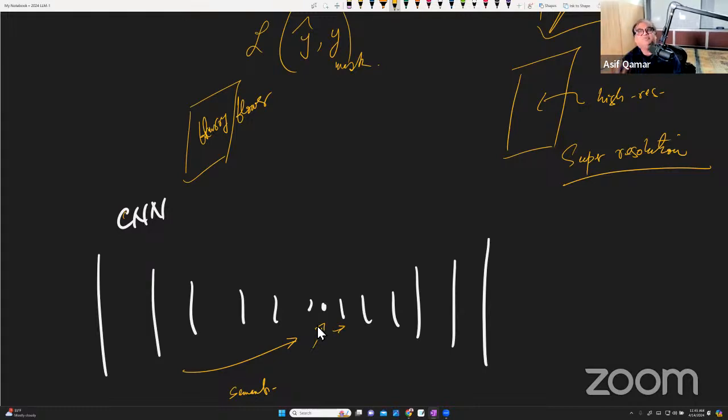But in the process, what have you lost? You have lost locational, spatial information, isn't it? As you go down, semantic information increases, but spatial information decreases. Originally you had more spatial information. The pimple is right here, which gradually you lose.